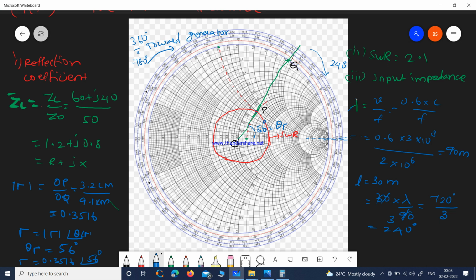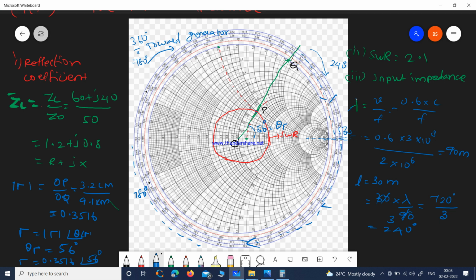I said that one half cycle is 180 degree. So it is rotating from here to here 56 degree, right? Then from here to here it is rotating 180 degree, but for the corresponding length it's 184 degree.